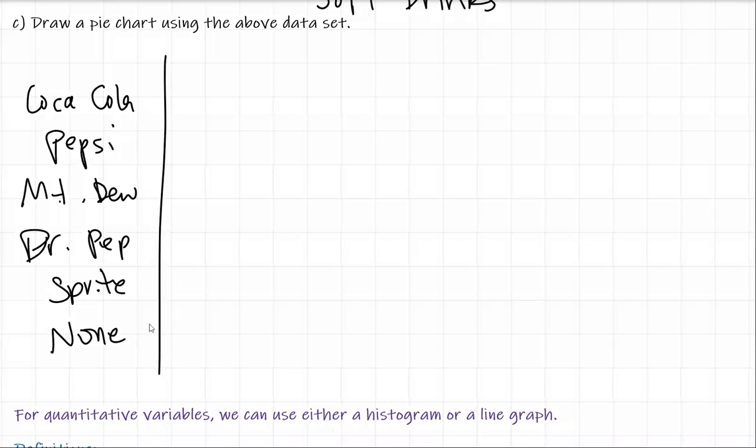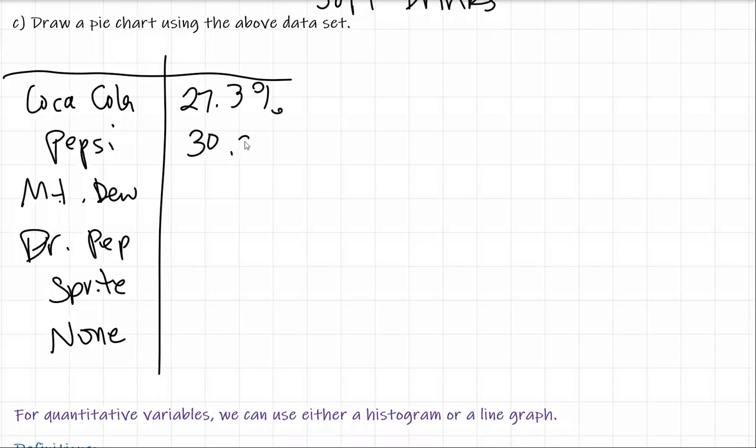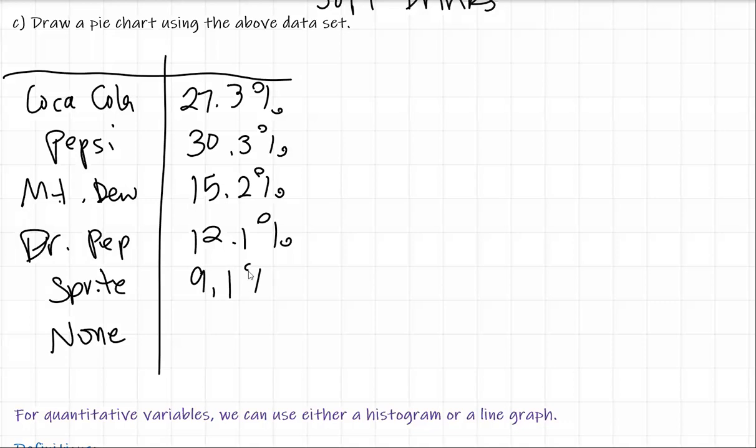I don't have to make a formal table, just gotta grab our relative frequencies: 27.3%, 30.3%. Mountain Dew is 15.2%. Dr. Pepper, 12.1%. Sprite was 9.1%. And then none was 6.1.